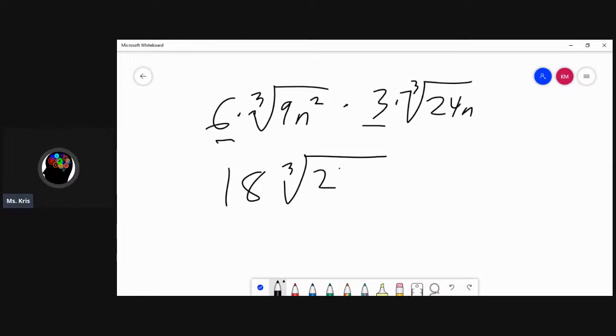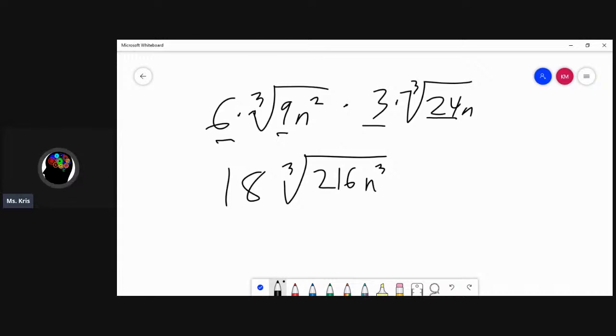That gives me 216. So 9 times 24 on the inside of the radical gives me 216. Then n squared times n, that is n to the third.